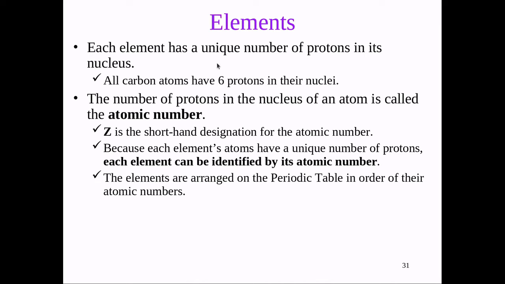The number of protons in an element dictates which element you have. Sometimes the atomic number is abbreviated with a capital Z. And so, again, because each element has a certain number of protons, it is identified by its atomic number.